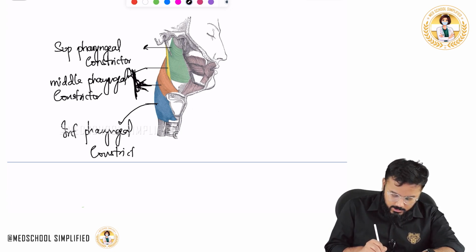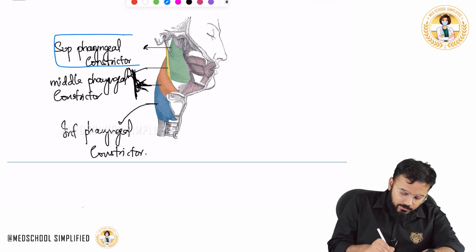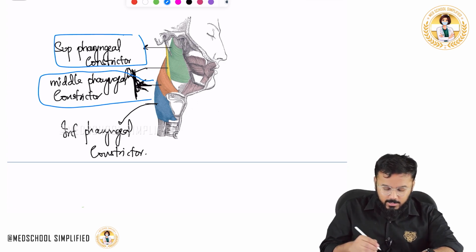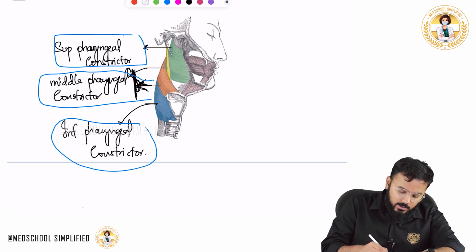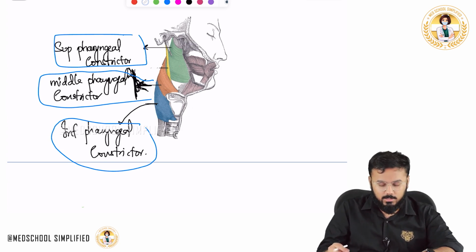So the three important muscles are the superior pharyngeal constrictor, the middle pharyngeal constrictor, and the inferior pharyngeal constrictor.